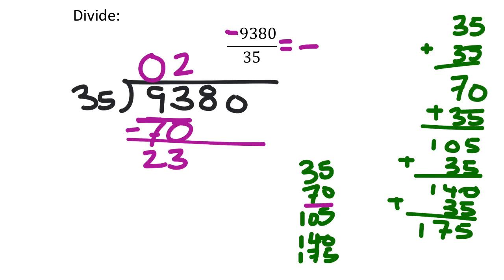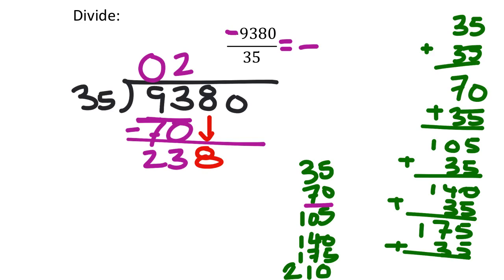Now 23 is less than 35. That's what I wanted. So I'm going to drop the tens place value as 8. So how many times does 35 go into 238? So it looks like I do need the 6th multiple, maybe even more. So plus another 35 makes that 210 right there.